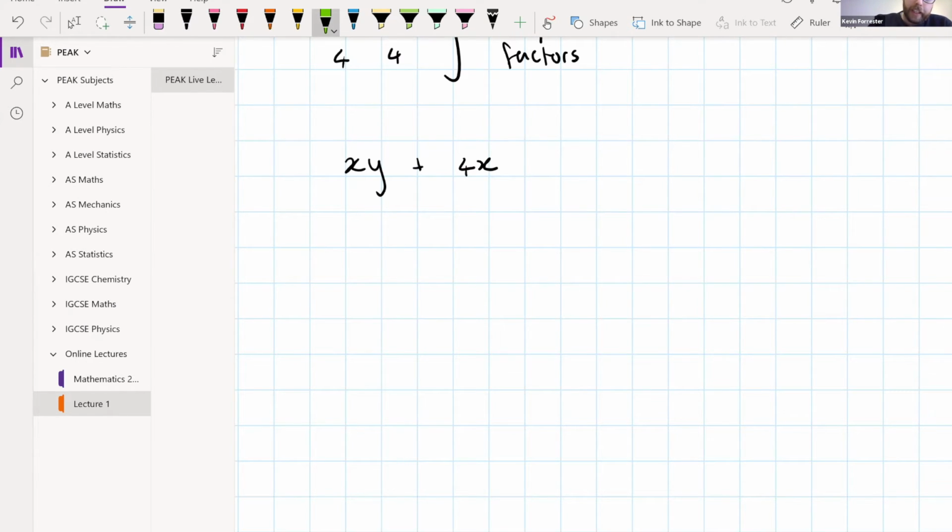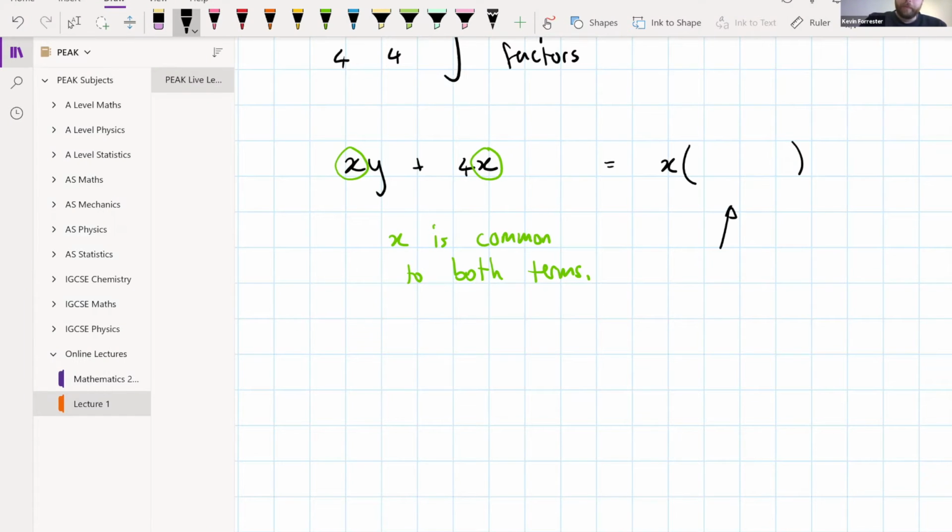Well, we see that the x is common to both terms. And because it's common, we can factorize out x, and then we open up our brackets. And now, inside the brackets is where we place all the leftover bits from the factorization.